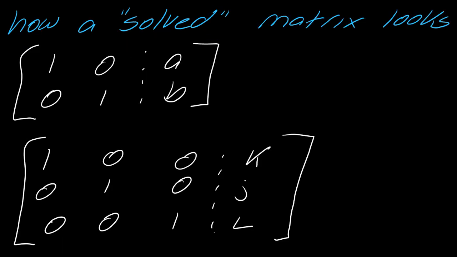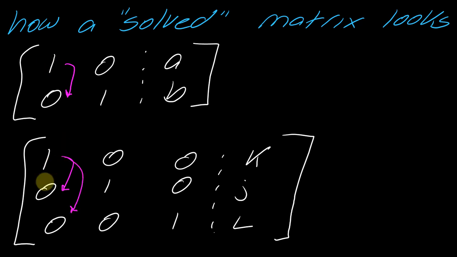So the goal here is you first get these ones. You always first do whatever you have to do to easily get this one here. And then after you get that one, you focus down the rest of the column to use that one to get these zeros. So it's a very prescribed process.